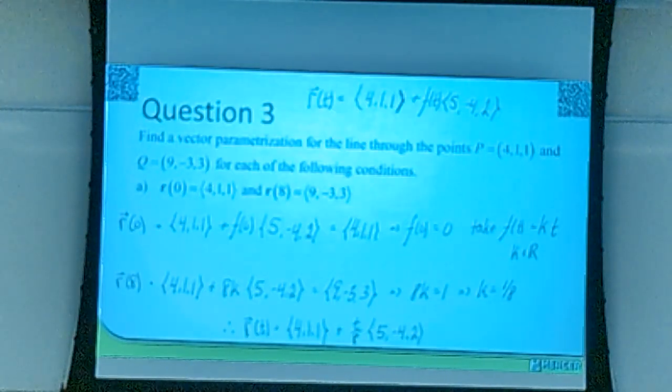That would be a vector parameterization. Not the only one that would satisfy these two conditions, but probably the simplest one.